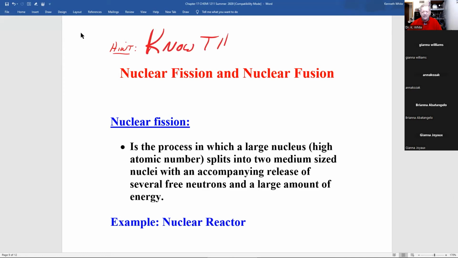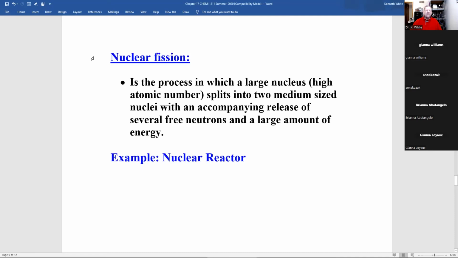And again, this is not for quiz 6, but test 2, you should know some of this. All right, so nuclear fission, a big nucleus split into smaller ones, and you get a lot of energy. And where is that used in nuclear reactors? That energy, when the split happens, is in the form of heat.